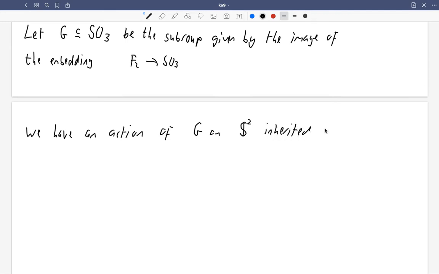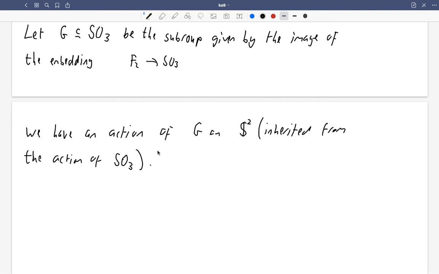inherited from the action of SO3, the group of rotations.